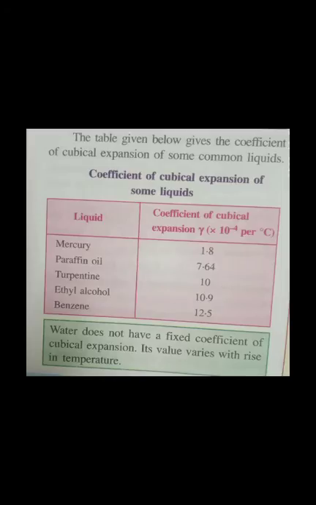As you have seen here, mercury has a 1.8 coefficient of cubical expansion. It expands when it is heated, and the level of mercury rises in the capillary tube, giving us the reading of the body temperature.